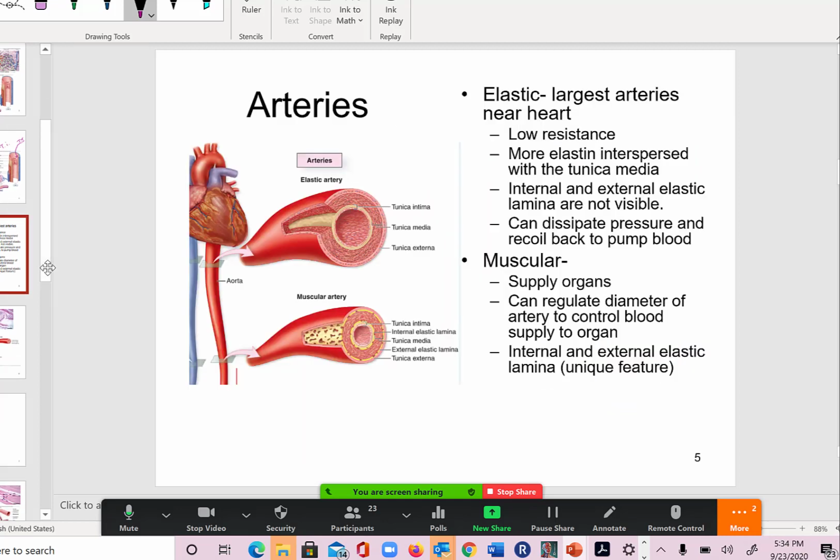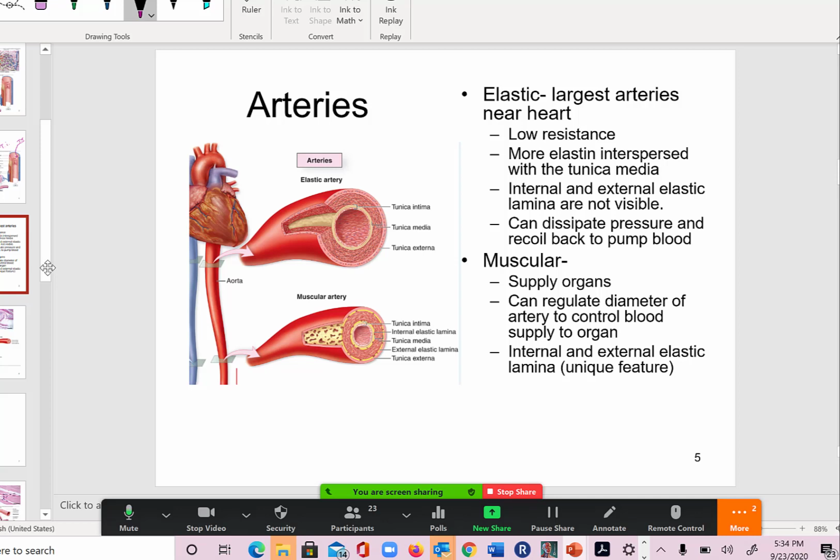So the first vessels I want to approach in detail will be our arteries. The major arteries coming off the right and left ventricle are the pulmonary artery and the aorta, respectively. These are elastic arteries. Why are they called that?